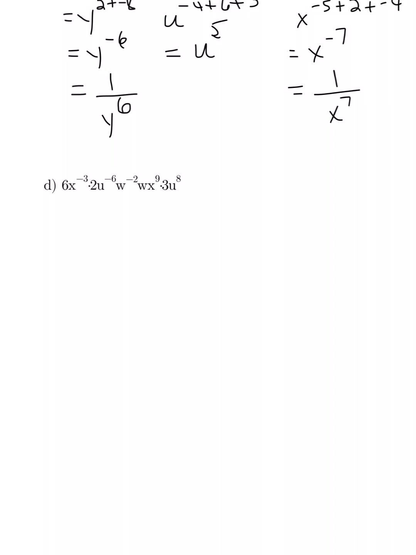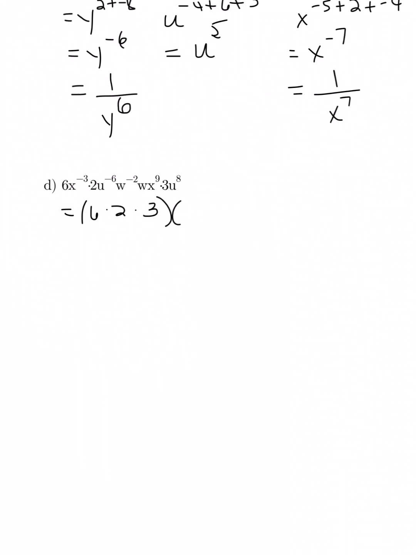So I'm going to start by putting the numbers together because we are allowed in multiplication to reorder the multiplication, and the answer will still be the same. For example, 3 times 5 equals 5 times 3. You can change the order, you get the same answer. So I'm going to group the numbers together. Have 6 times 2 times 3.